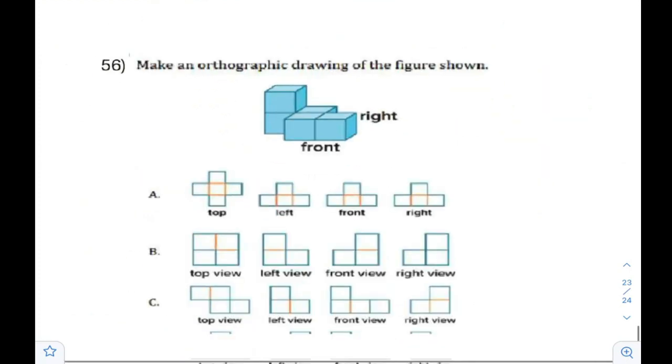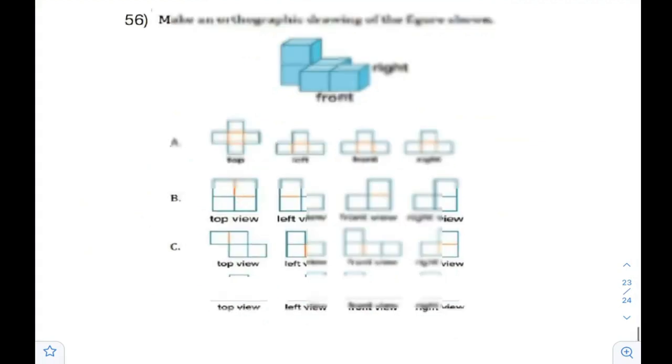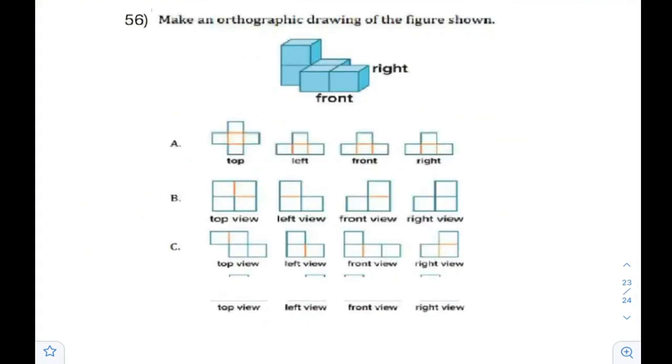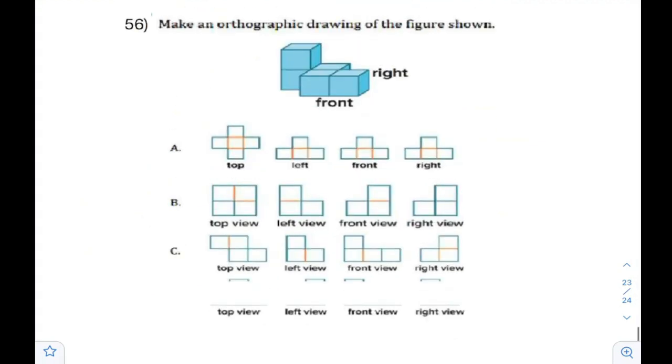Now, finally, we reach the orthographic drawing, and be careful when you look at the drawings here, which one matches with this drawing, actually, the 3D. The orthographic is the 2D representing the 3D from top, left, front, and right.